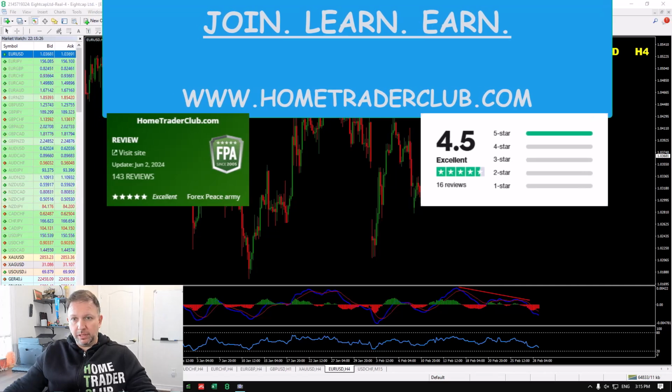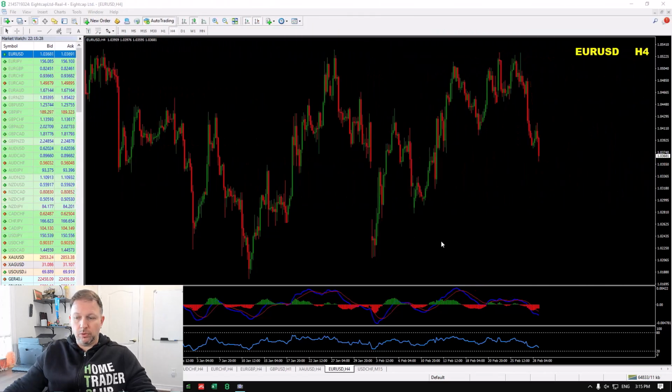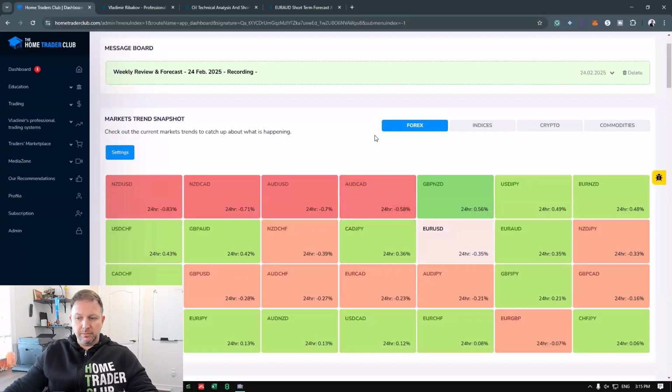Beautiful rally, beautiful divergence, and all the rest is history. The euro dollar basically breaks below the rising supportive line, breaks below the recent lows, and the bearish momentum is here. What is next for this pair?